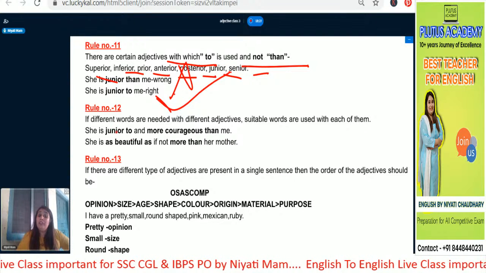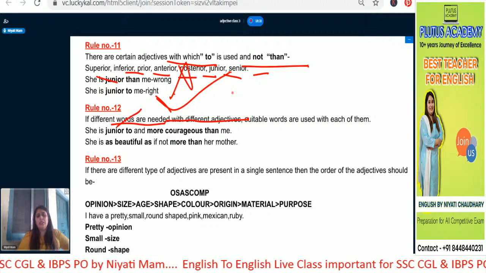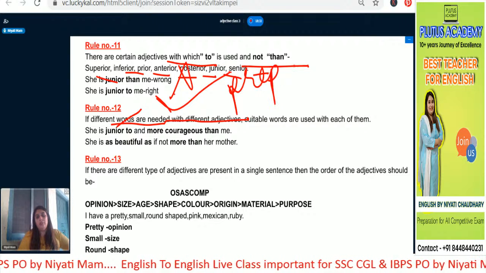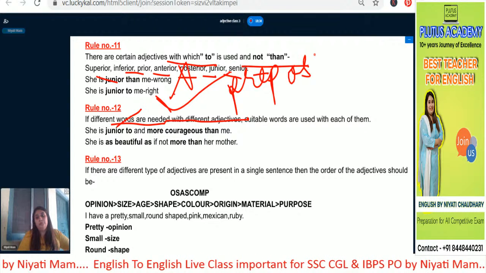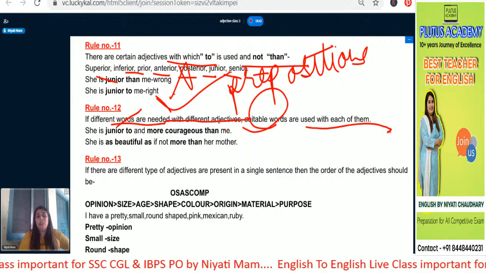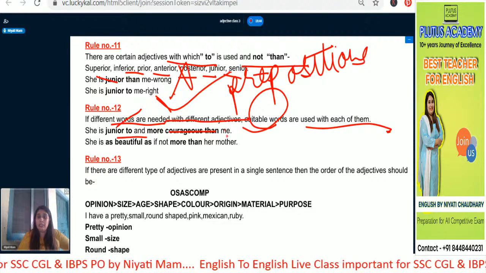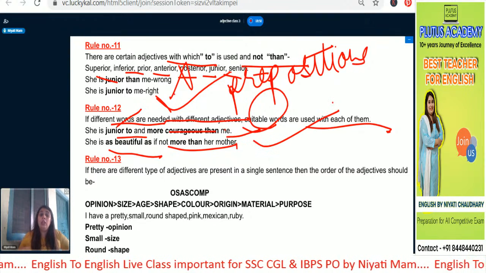If different prepositions are needed for different adjectives, suitable words are used with each of them. "She is junior to and more courageous than me." "She is as beautiful as, if not more than, her mother."